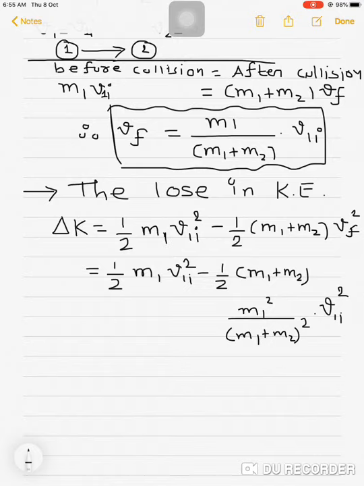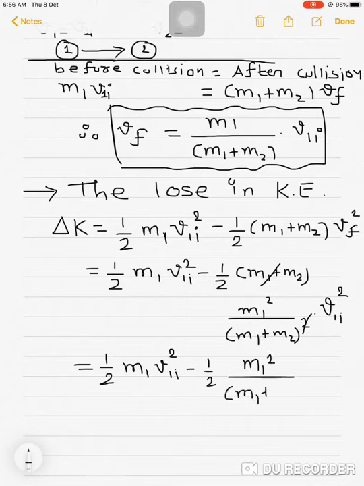So we have converted the equation into the form of v1i. Now when we simplify this term, one m1 plus m2 cancels out, and we get 1 by 2 m1 v1i square minus 1 by 2 m1 square over m1 plus m2 into v1i square.